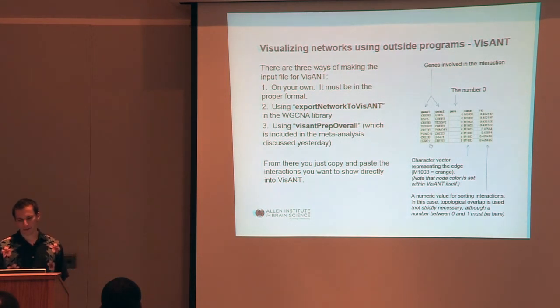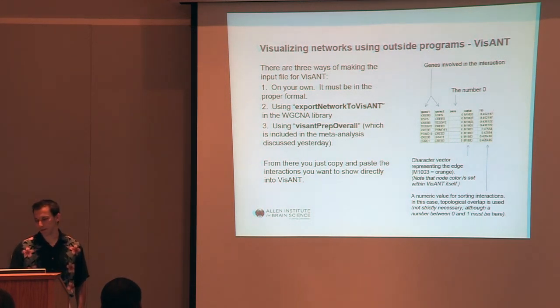And so in the file, you basically have the two genes involved in the interaction. I'm not sure if these are directed or not. I've only used undirected interactions. You then need a column that I just have the number 0 in. You need a column corresponding to the color, and you can't just put color names in. There's a code system which corresponds to different colors that I think you can find on the Vissant website.